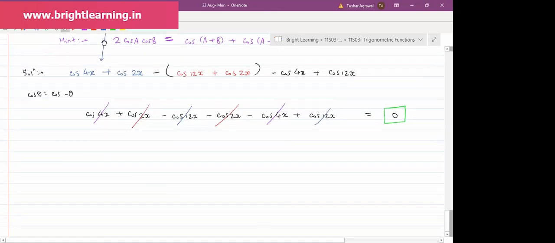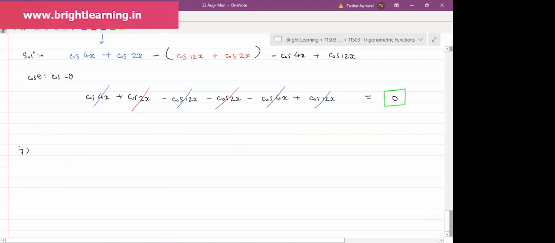Yes. 7. Prove that sine 5a minus sine 3a upon cos 5a plus cos 3a is equal to tan A. I could have also given this question as evaluate this: sine 5a minus sine 3a upon cos 5a plus cos 3a.